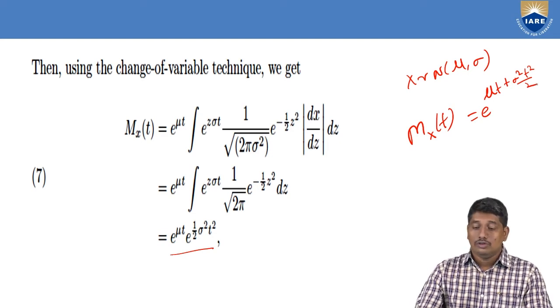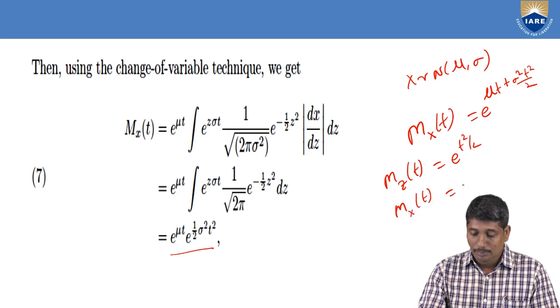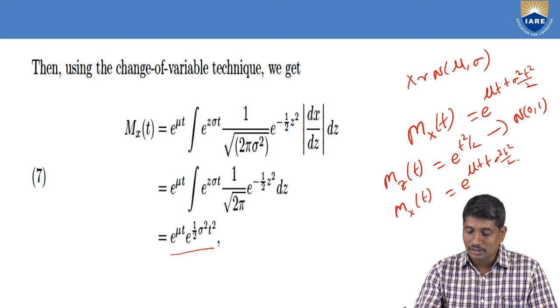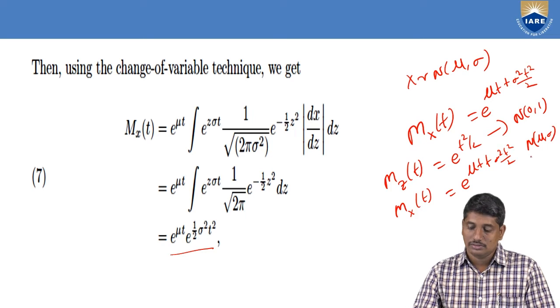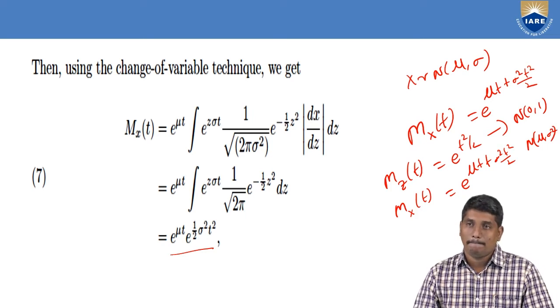So the moment generating function of a standard normal variate is e power t square by 2, and of a general normal variate is e power mu t plus sigma square t square by 2. Standard means mean is 0, variance is 1. General means mean is mu, variance is sigma square. This is the way we could see the moment generating functions of binomial, Poisson and normal.